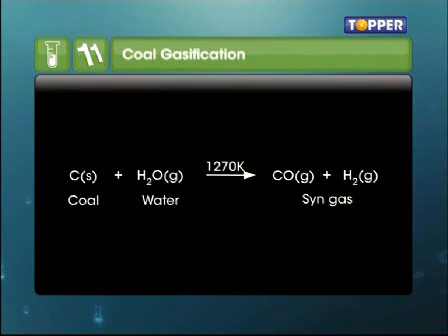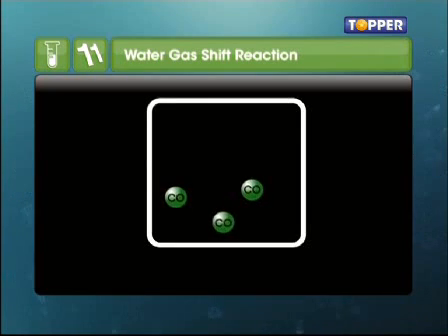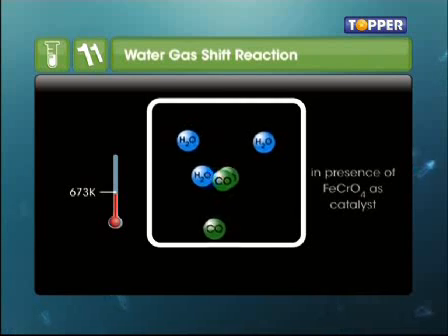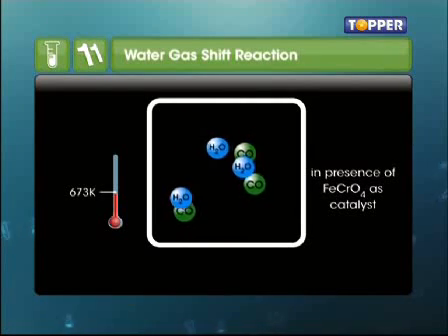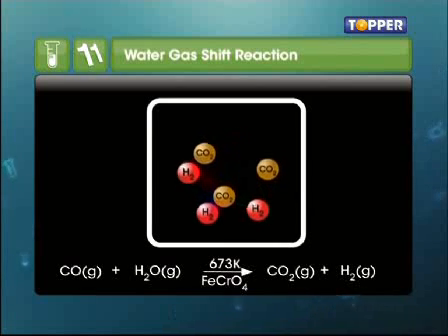This process of producing syngas from coal is called coal gasification. The production of hydrogen gas can be further increased by reacting carbon monoxide of syngas mixture with steam in presence of iron chromate as catalyst. This is called water gas shift reaction.